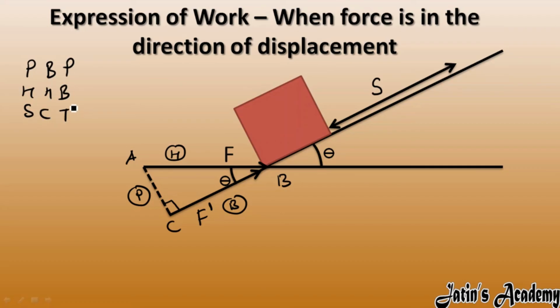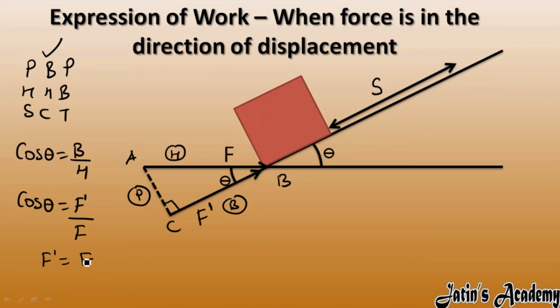Now carefully see, base we require, hypotenuse we have. Again we will choose cos theta. Cos theta is base upon hypotenuse. In this triangle base acts as F dash, which is the component of force in the direction of displacement, and hypotenuse acts as force. So F dash we got as F cos theta.